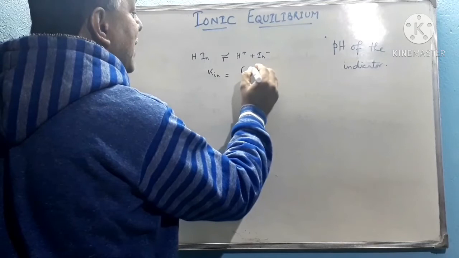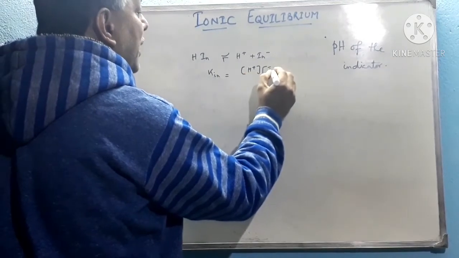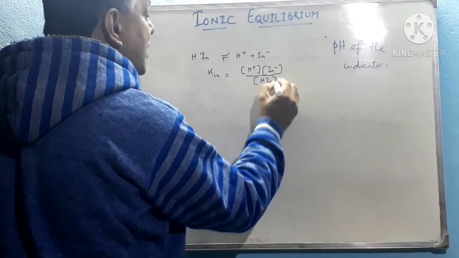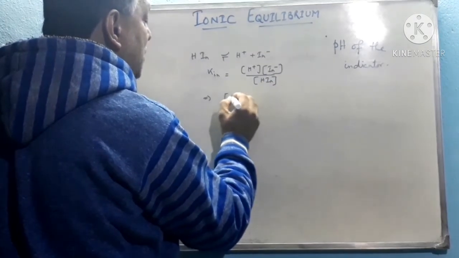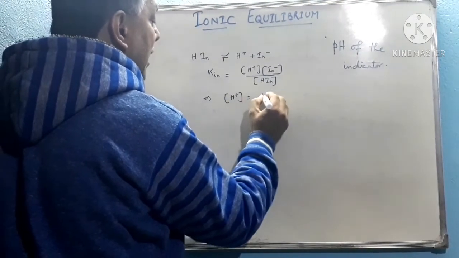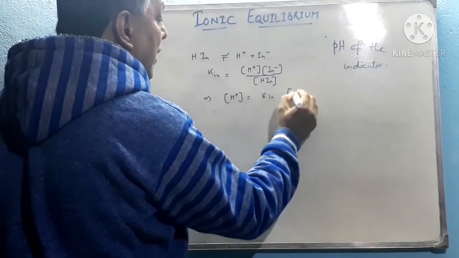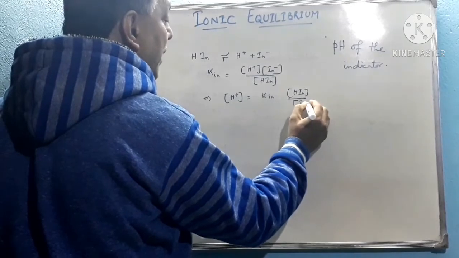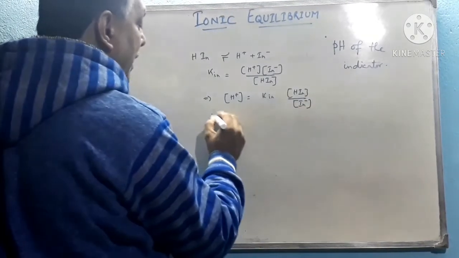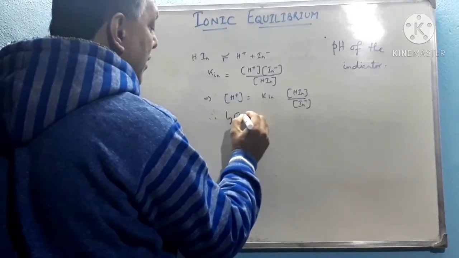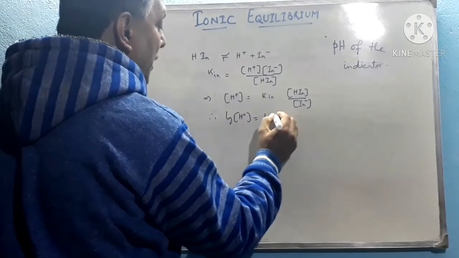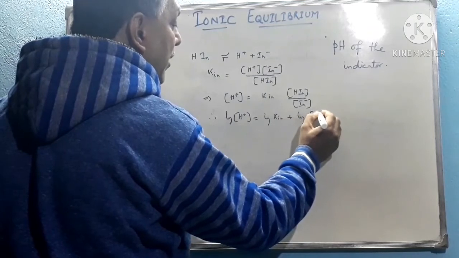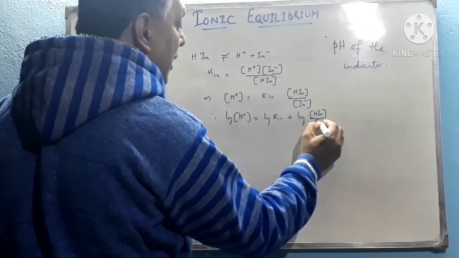This can be expressed as [H+][In-] divided by [HIn], and from this expression we can calculate the value of H+. H+ becomes K_In into [HIn] divided by [In-]. Now taking log on both sides, we get log[H+] equals log K_In plus log([HIn]/[In-]).